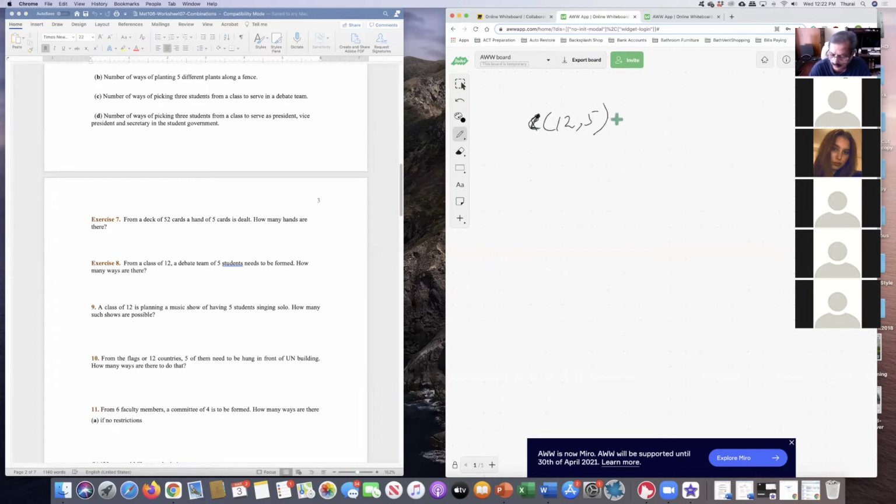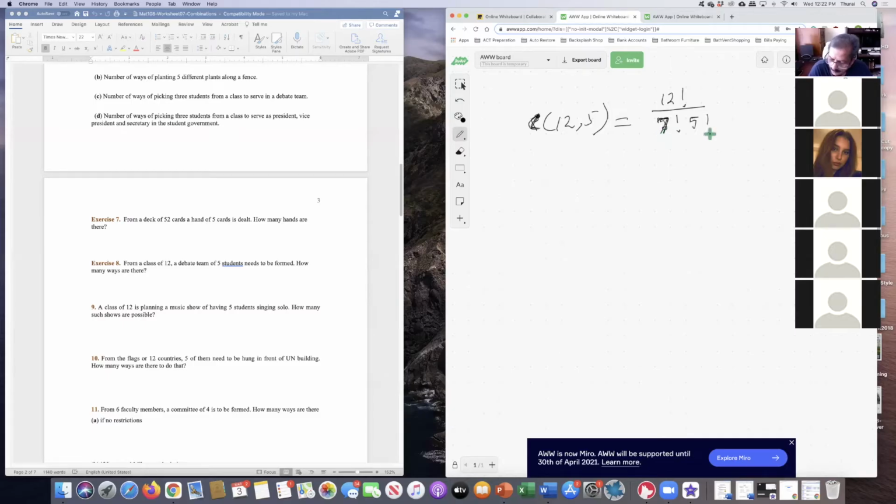Once you write that, you can now apply the formula. The formula says the numerator will be 12 factorial. The denominator will have two things. One of them is 5 factorial, and the other one is (12 minus 5) factorial. Let me write the 12 minus 5 factorial first. 12 minus 5 factorial is 7 factorial, times 5 factorial.